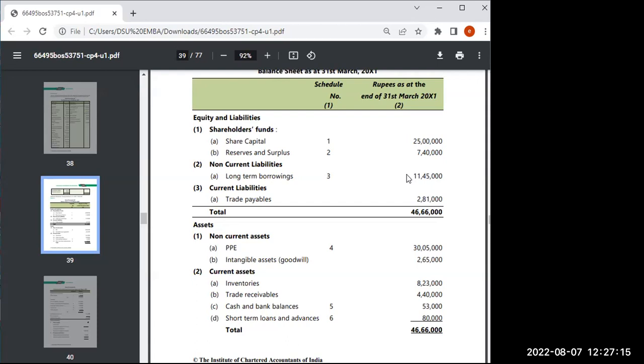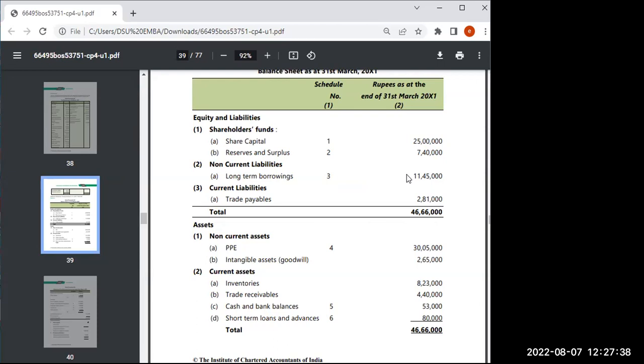Can you write it, please? Accounting equation. You remember I was telling you in the beginning, balance sheet is nothing but the expression of accounting equation in the form of a statement. I told you. Now we are going to check that accounting equation.